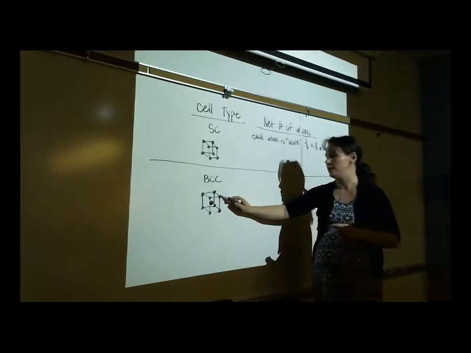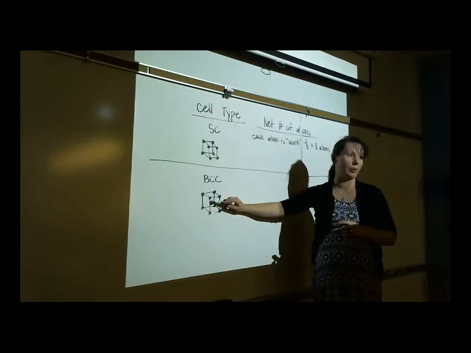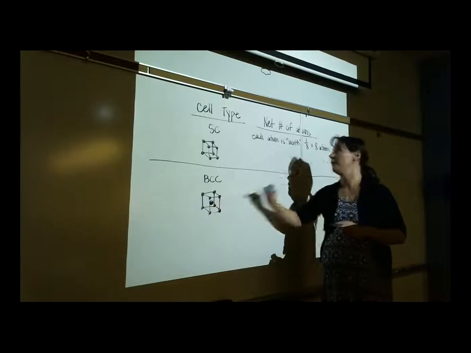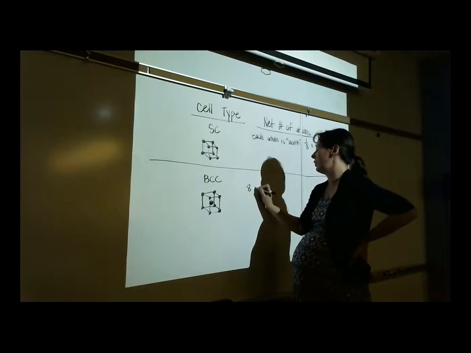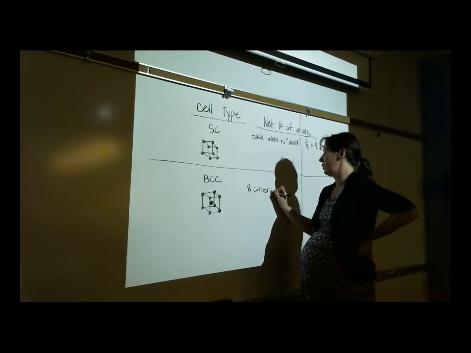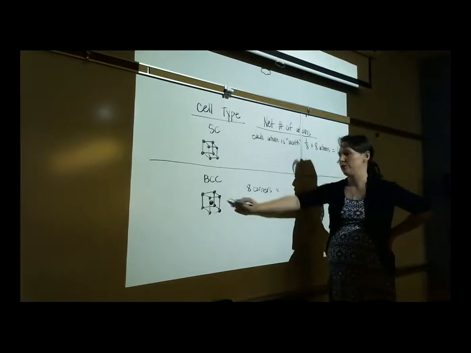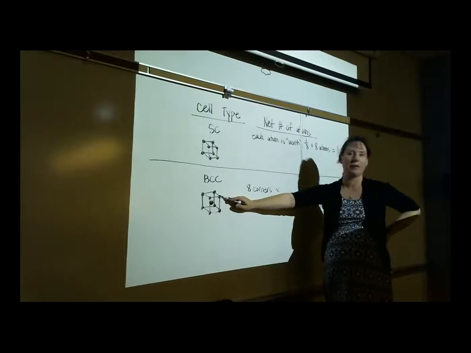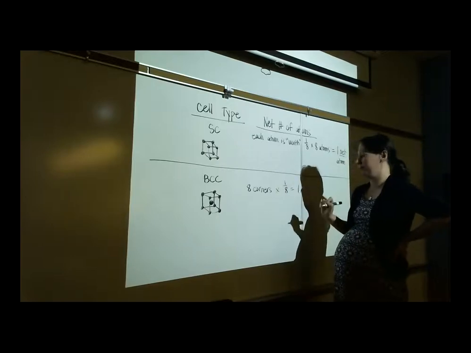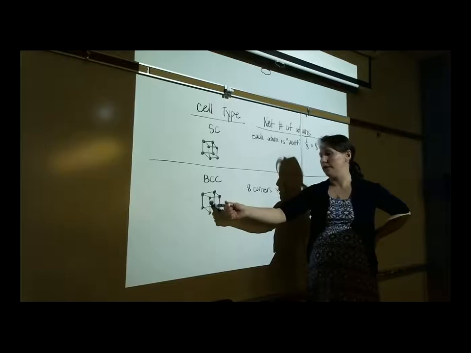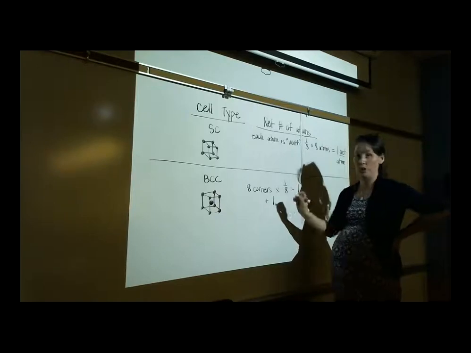Each one of these is being shared by 8 other unit cells, right? Is this one in the middle being shared by any other unit cells? No, it's not. So how many net? Well, you've got 8 corners that are worth what quantity each? What's a corner worth? A third, a half, 1/16? An eighth, right. So that gives you 1. And then this one in the middle, is it being shared by anybody? No. Plus 1 for your prisoner.